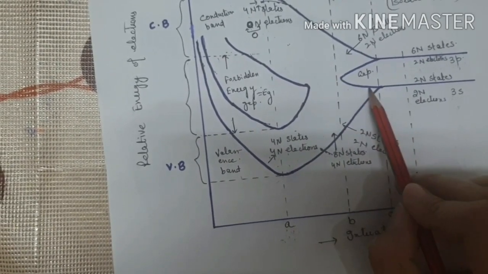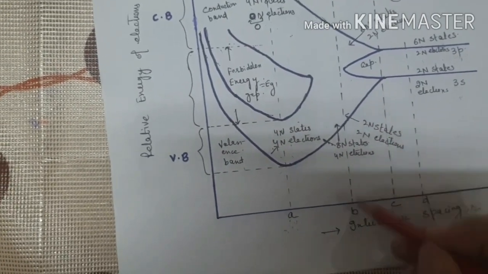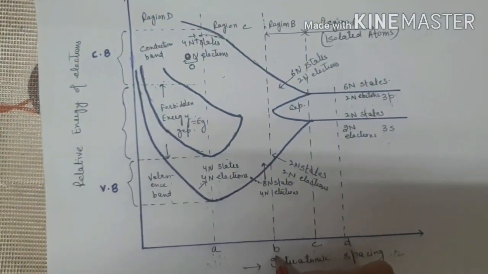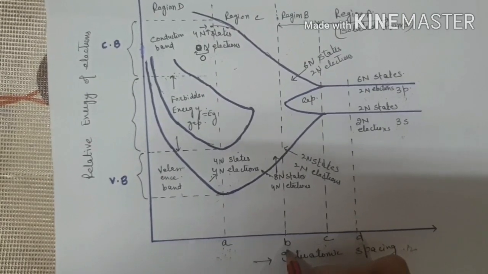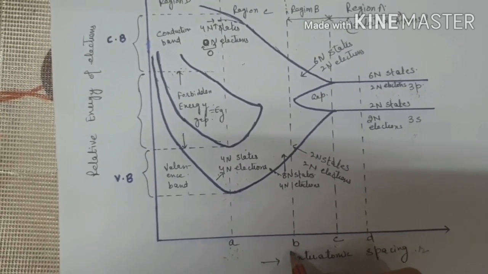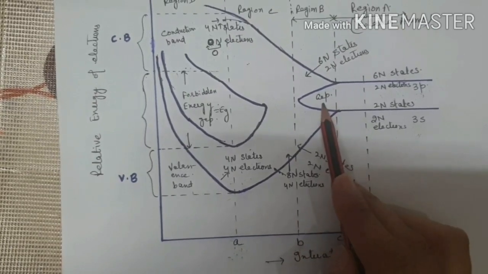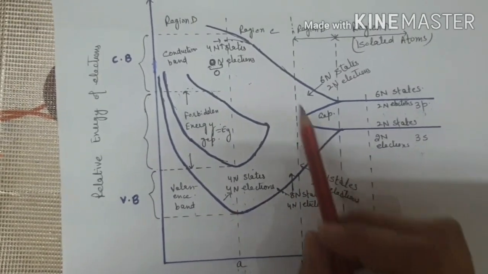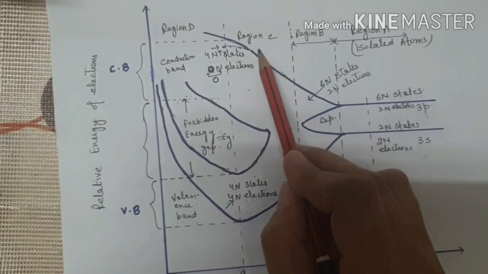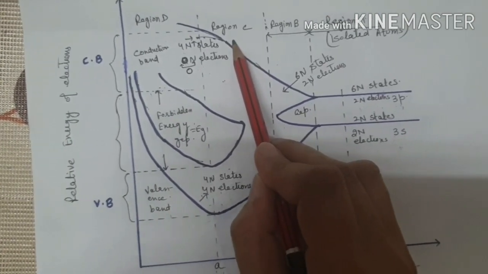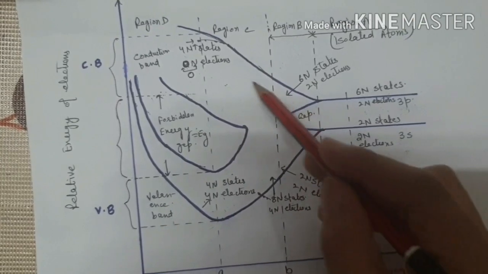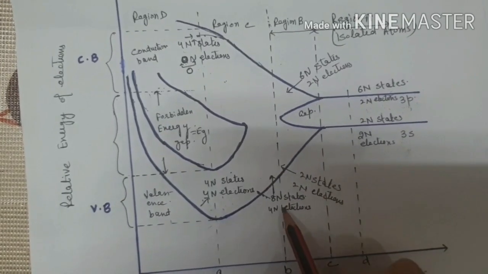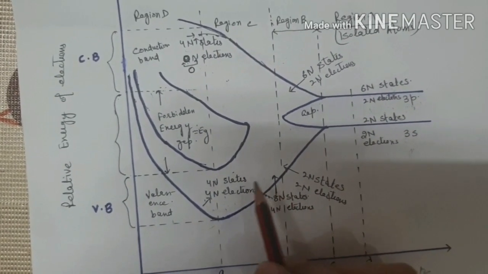So this is region B. And when R is equal to B, what will happen? R is equal to B, which is greater than A, then the energy gap between 3s and 3p levels disappears. That is region C. If the gap disappears, we get a continuous distribution of 8n energy levels, 4n and 4n.